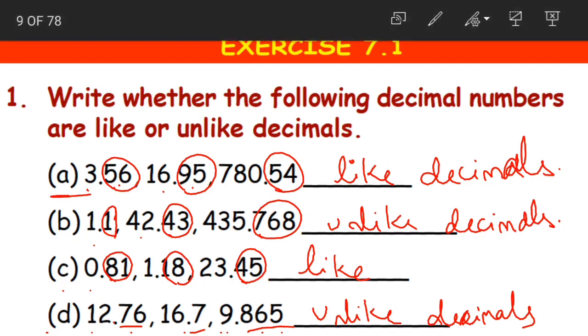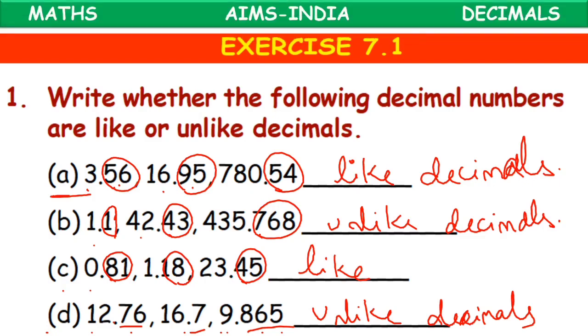Understood, children? What did we learn today? We learnt about decimals, like decimals, unlike decimals, the place values of decimals, how to write the expanded form of decimals, and also how to convert fractions into decimals. Which fractions, children?